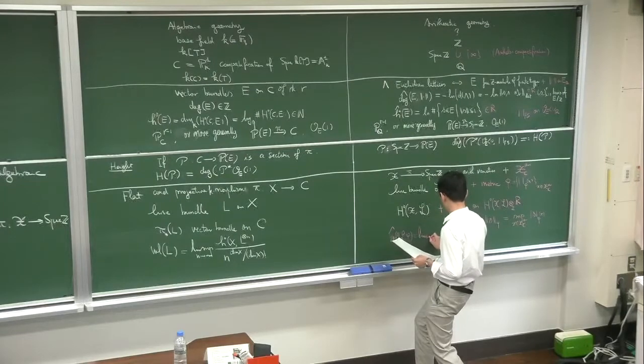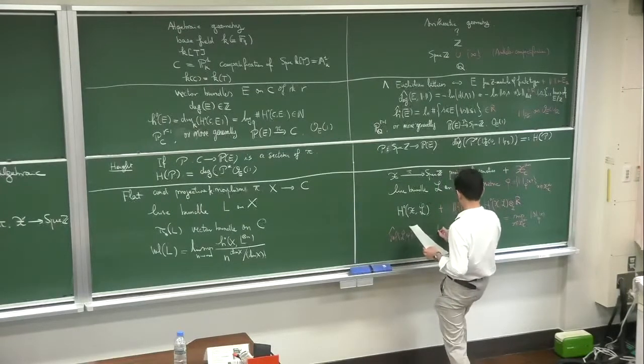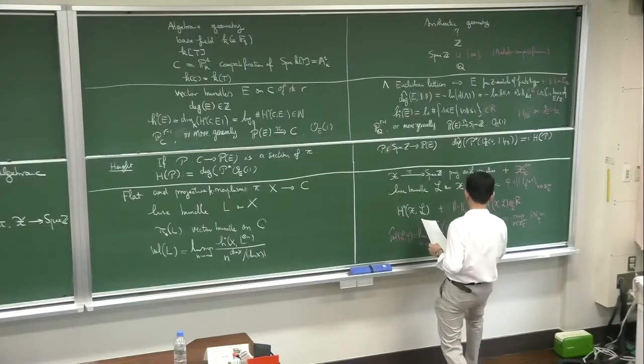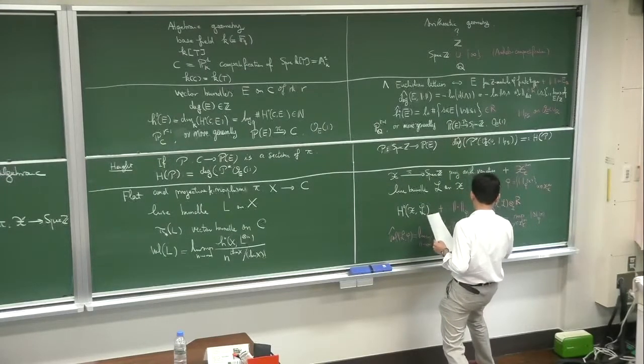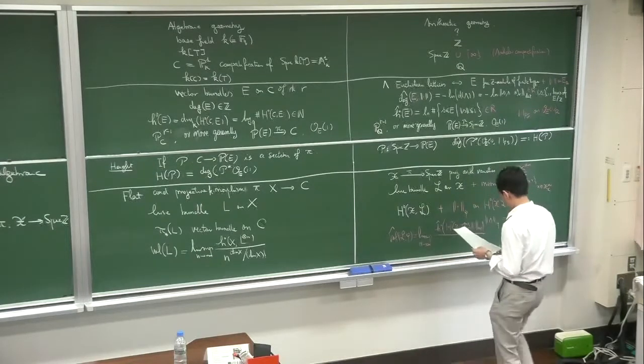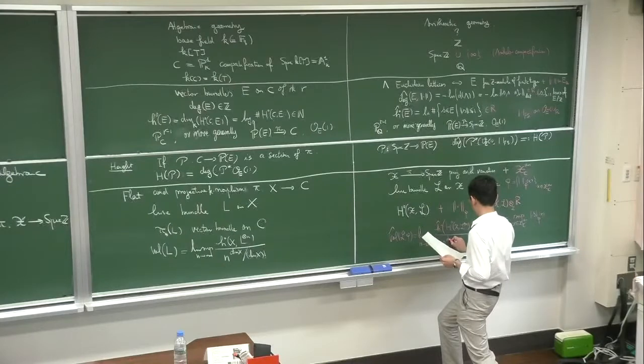So this is the limsup as n goes to infinity of h^0-hat of L^n, equipped with this norm, over n to the power dimension of X over dimension of X factorial.